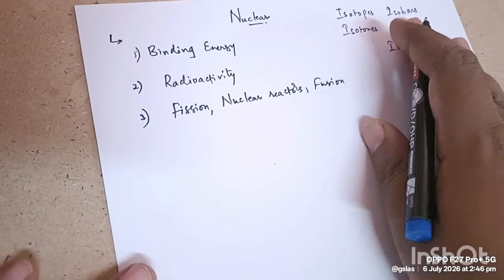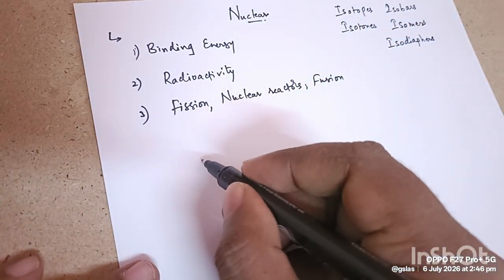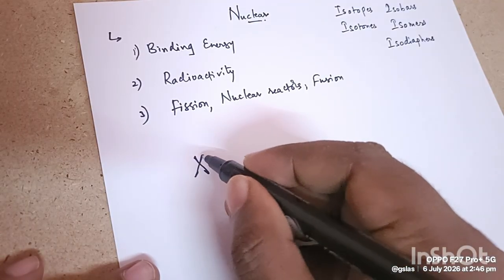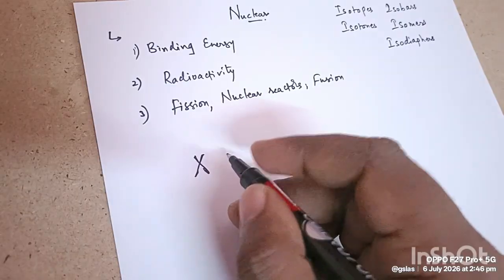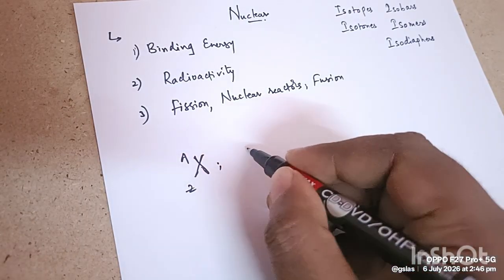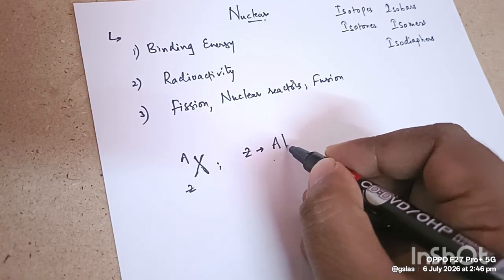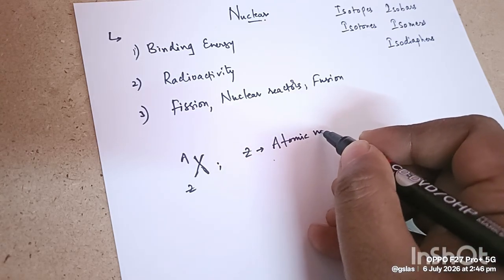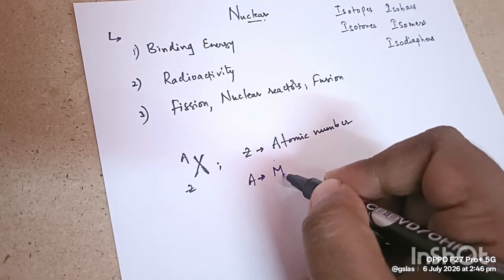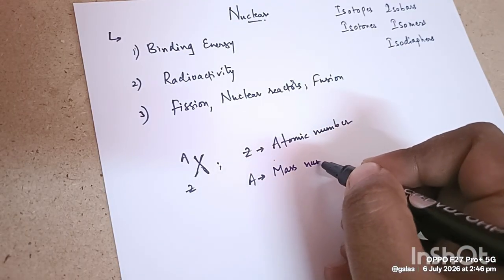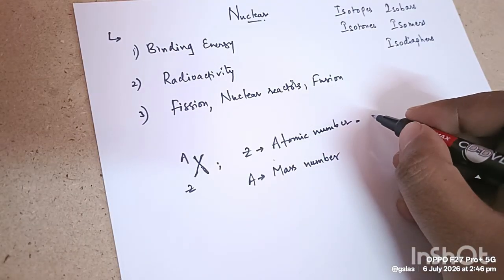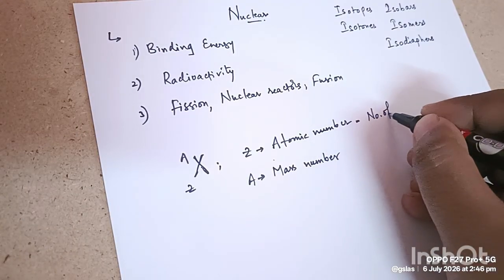So usually a nucleus is denoted by, for example, X is a radioactive nucleus, or it could be stable too. Usual notation is Z and A, where Z is atomic number and A is mass number. Usually Z, atomic number, denotes number of protons.